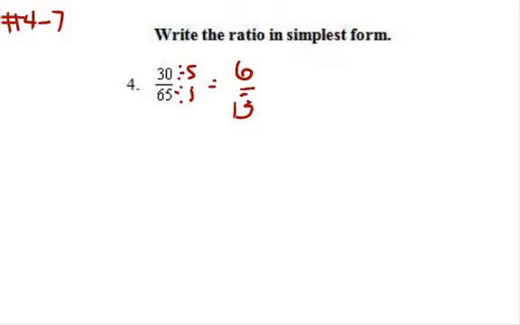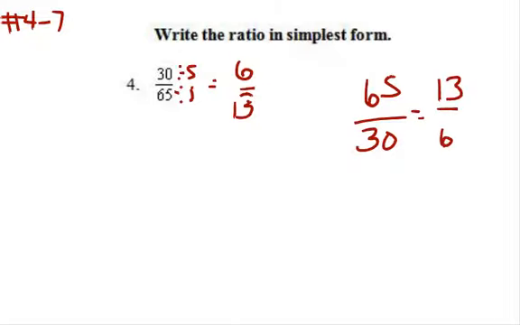Now with ratios, unlike fractions, if it looks improper, for instance, let's say we had the ratio of 65 over 30, and we simplify, divide top and bottom by 5, and you get 13 over 6, we leave it like this. With ratios, you leave them looking improper, so don't worry about that.